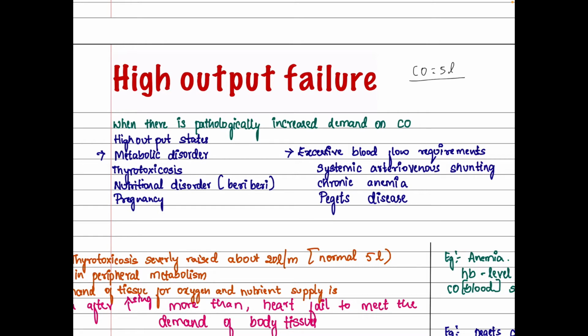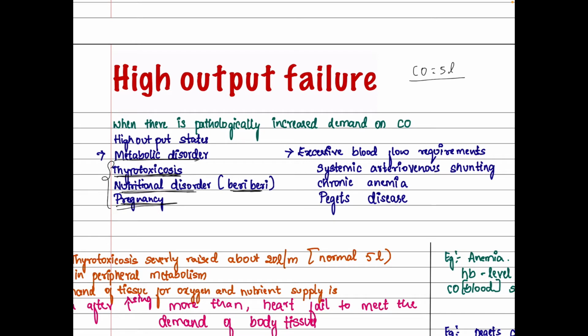This results in high output states. There are some reasons like metabolic disorders such as thyrotoxicosis, nutritional disorders like beriberi, and even pregnancy. In these conditions, there is increased demand due to increased metabolic activity.